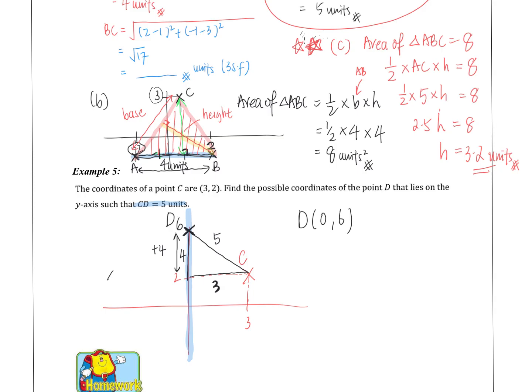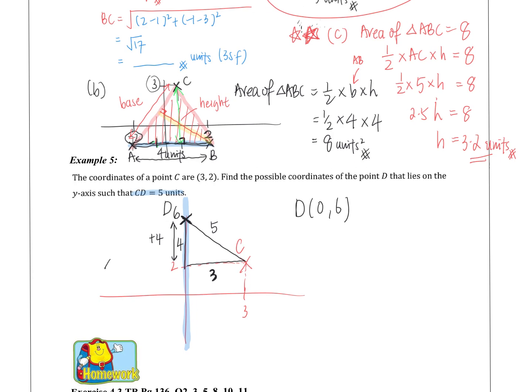One possibility. Next one is if it is below. It can be like this as well, right? 5 units, so this is 4 units below 2. So you minus 4, it ends up at minus 2. So D is (0, -2). Okay, these are the 2 possible coordinates of D.